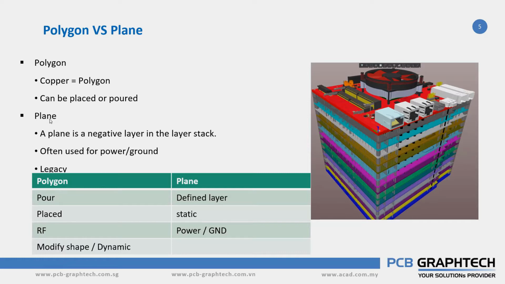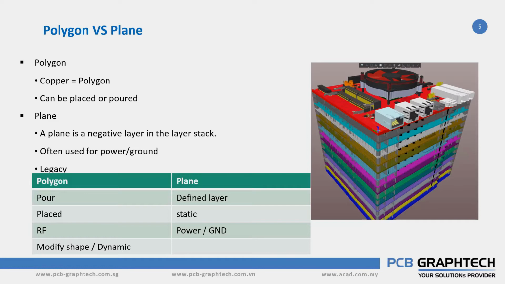Okay, this can be done when you're doing a polygon, since it is called a dynamic element. Now the plane is a negative layer. It is assigned by default as a negative layer inside the Layer Stack Manager in our ITM. So when you use a plane and you want to pour a copper on it, the plane is already copper, and if you pour a copper on the plane, it will automatically remove the copper and it will be like a normal layer.